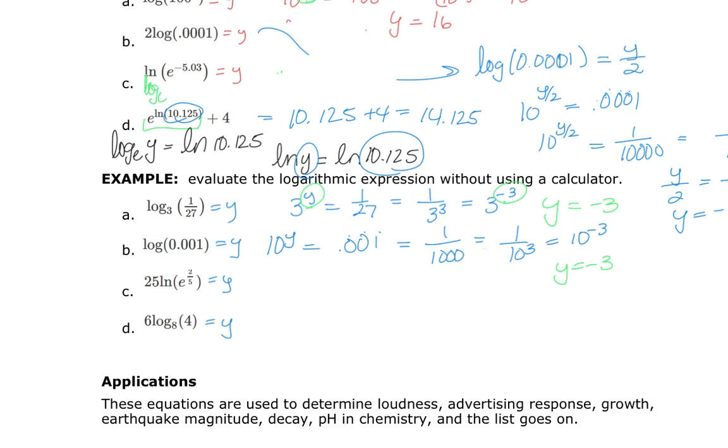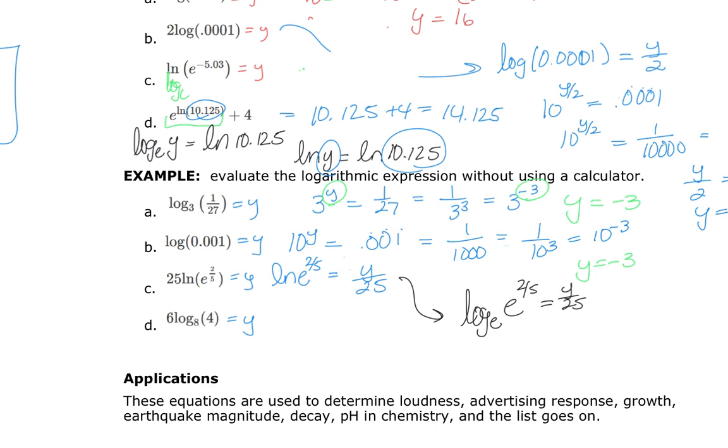This one I'm going to divide both sides by 25, so I have the natural log of e to the 2/5 is equal to y over 25. Y over 25. So converting this back, this is the log base e of e to the 2/5 is equal to y over 25.